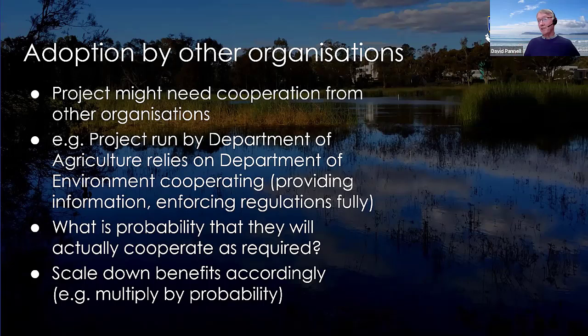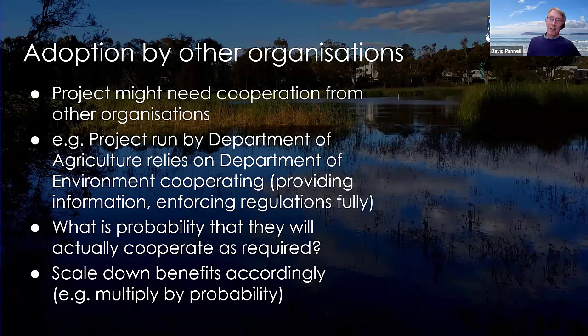And I've actually done a BCA that was exactly like that. So you then have to say, well, what are the chances of the Department of Environment actually enforcing the regulations? That's probably quite case specific. You want to look at what's the relationship between the Department of Agriculture and the Department of Environment? What's the Department of Environment's history of enforcement of these types of regulations?